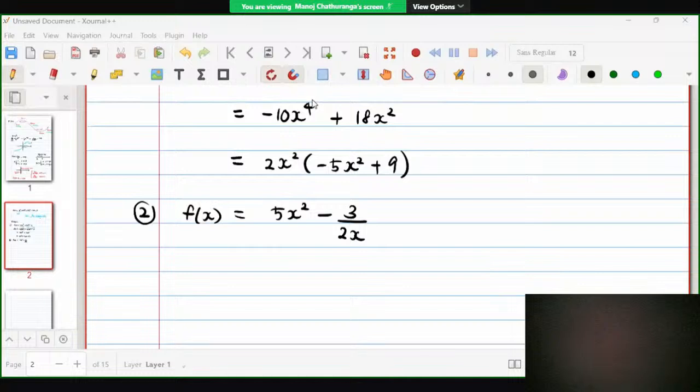It is not 10x. There must be some little bit more. It's not just 10x.